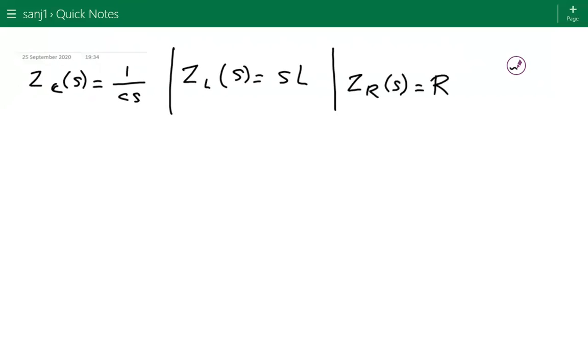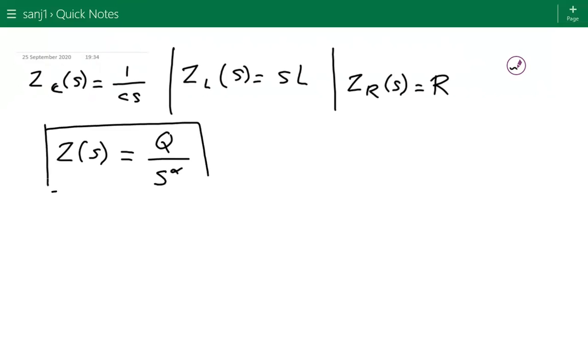So can we represent this Z in a very generic representation? That very generic representation may be given by Z(s) equal to q upon s to the power alpha. So this Z(s) may take the form of Zc or ZL or ZR. Now let us see how that is possible.